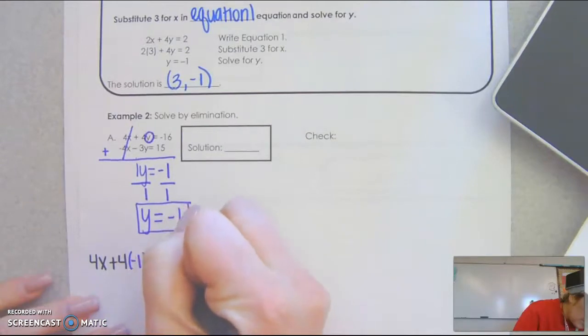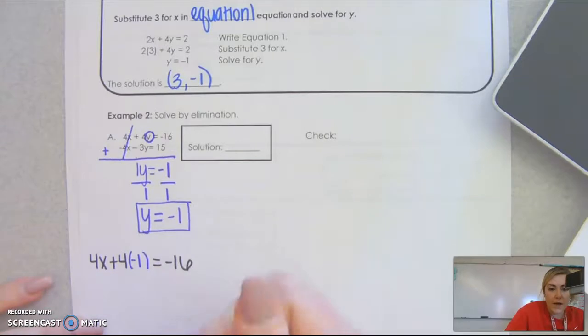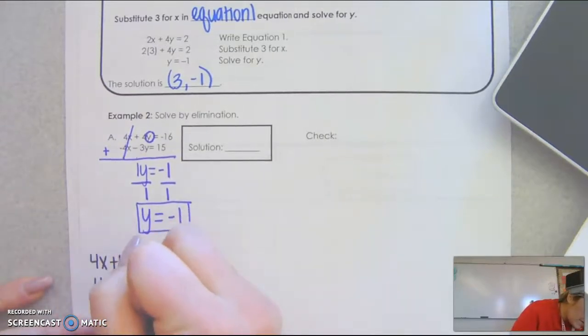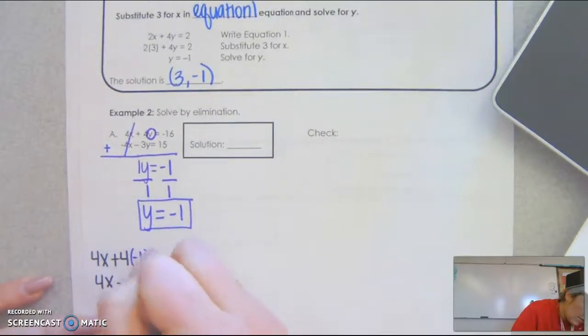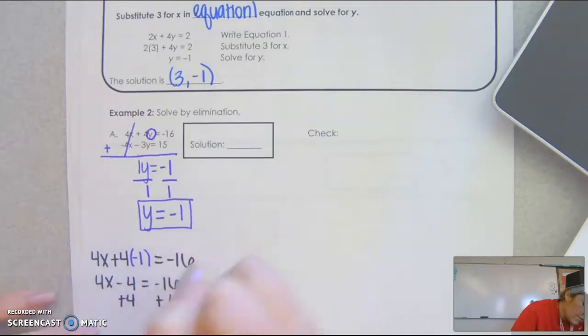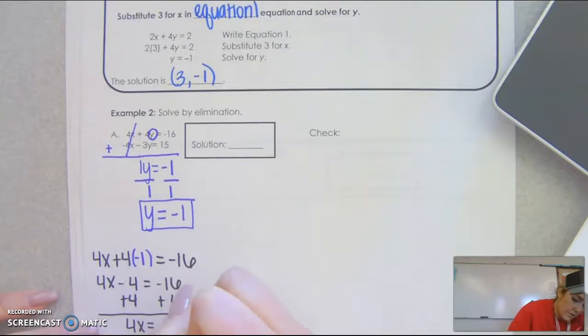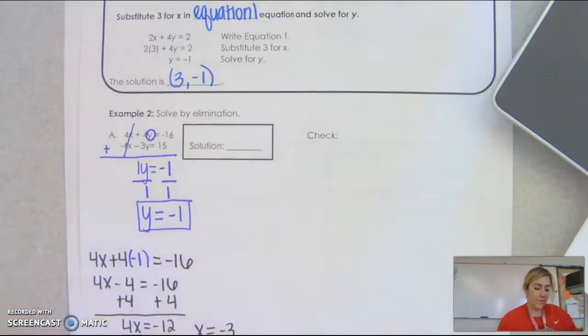So equals negative 16. And now I just solve for x like I normally would. So I have 4x, 4 times negative 1 is negative 4. I add this 4 over. So 4x equals negative 16 plus 4 is negative 12, and I divide. So my x value is negative 3.